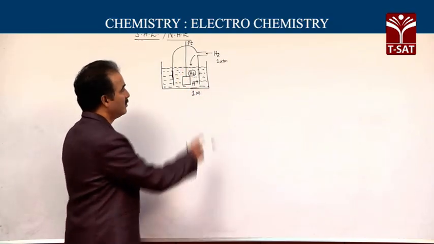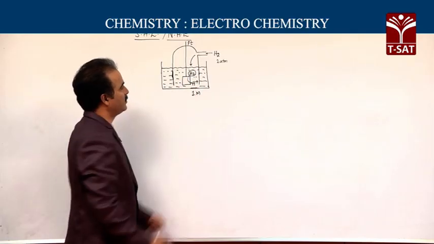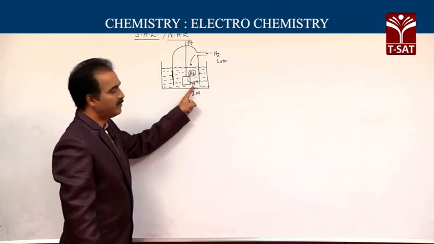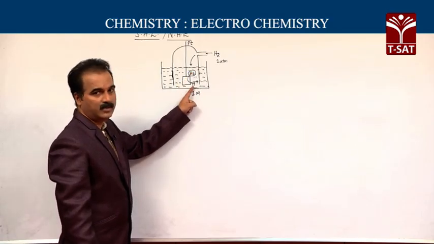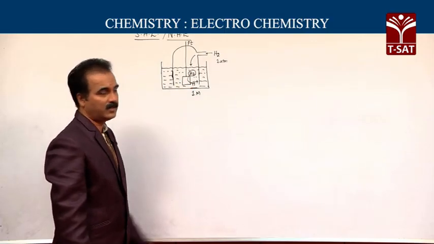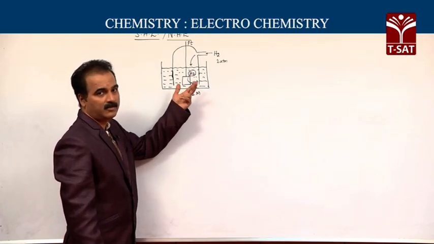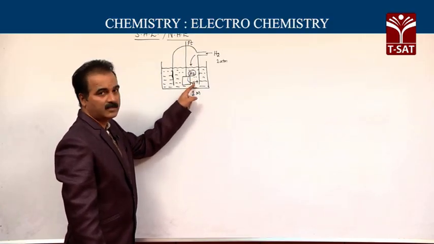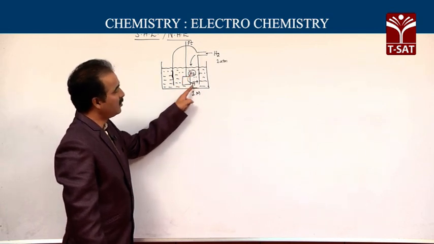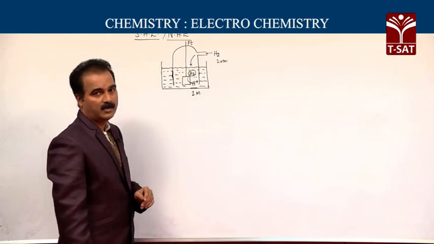As I said, here also again there is a charge difference. Hydrogen is 0 in oxidation state and hydrogen here is plus 1 in oxidation state. Charge difference is there, phase difference is also there. This is gas phase, this is in solution phase. Same hydrogen in 2 different phases will compete with each other, like hydrogen wants to convert into H plus and H plus wants to convert into hydrogen.